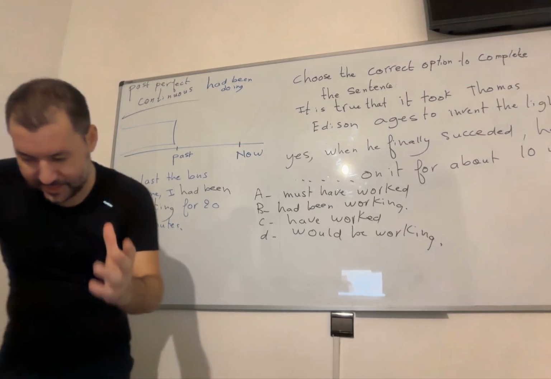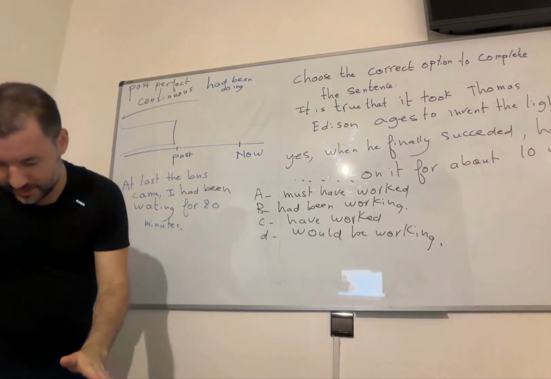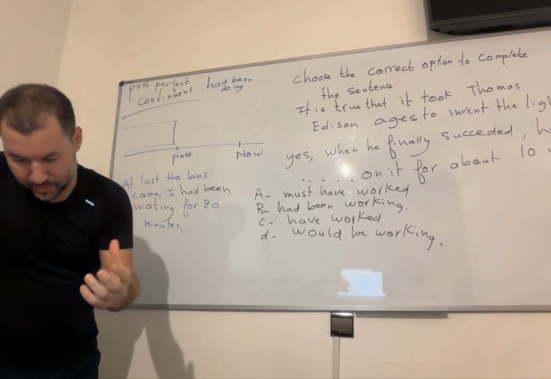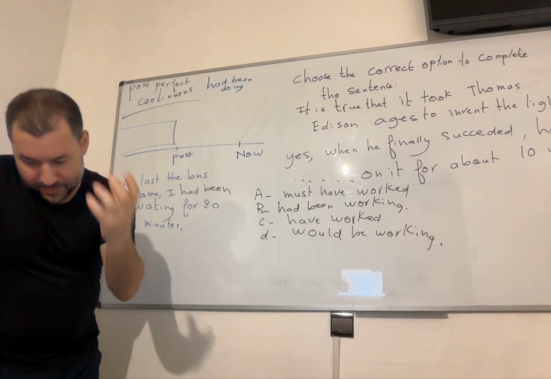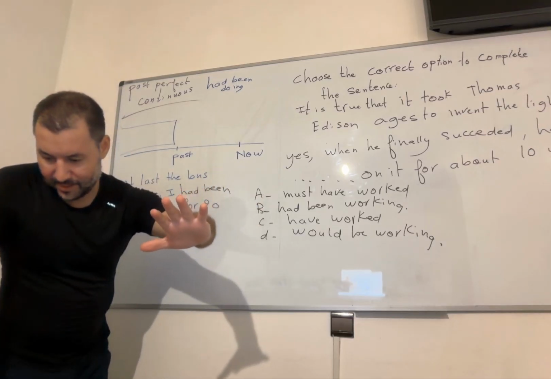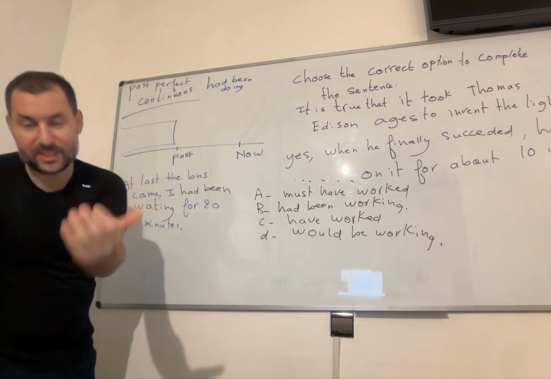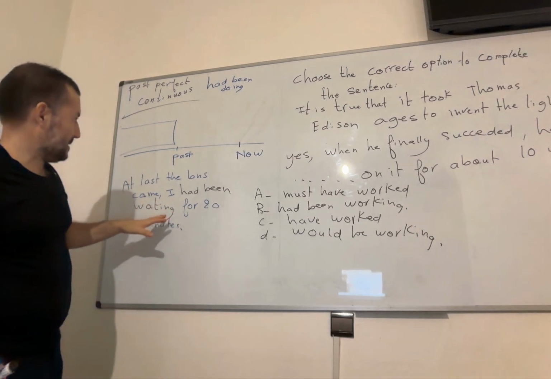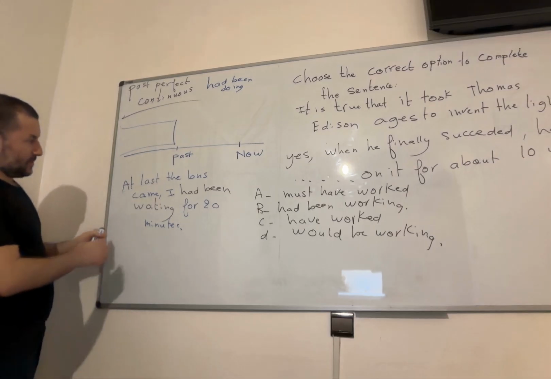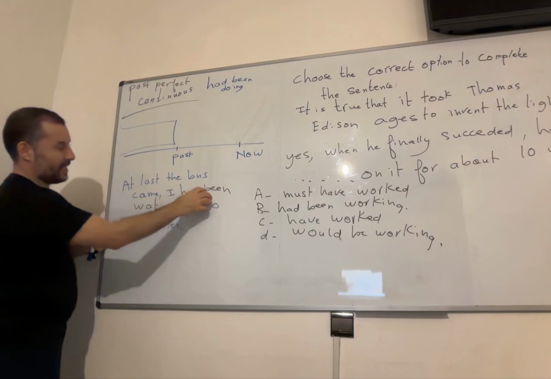So we can say that the past perfect continuous is used when something had been happening for a period of time before something else happened. When the bus came, I had been waiting.